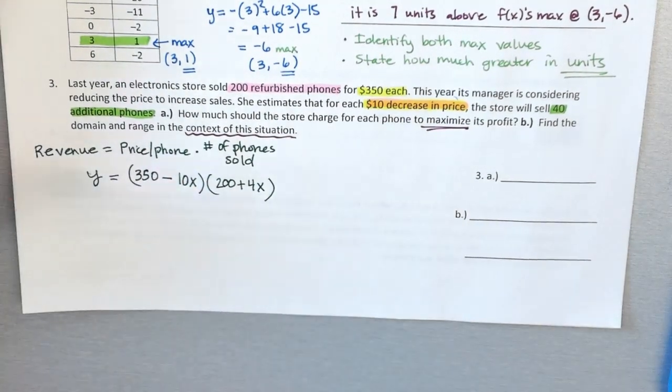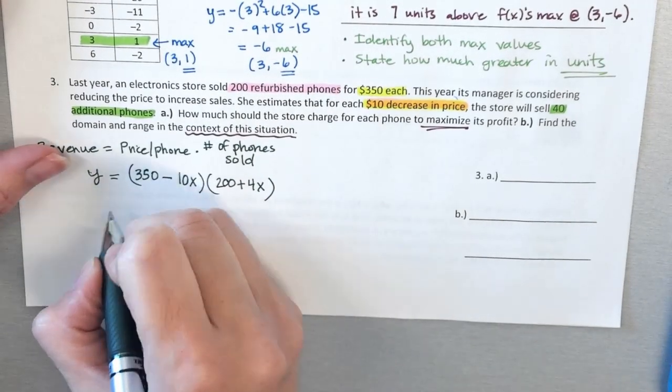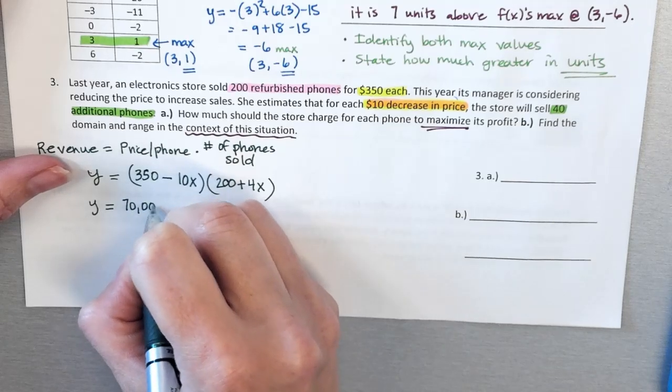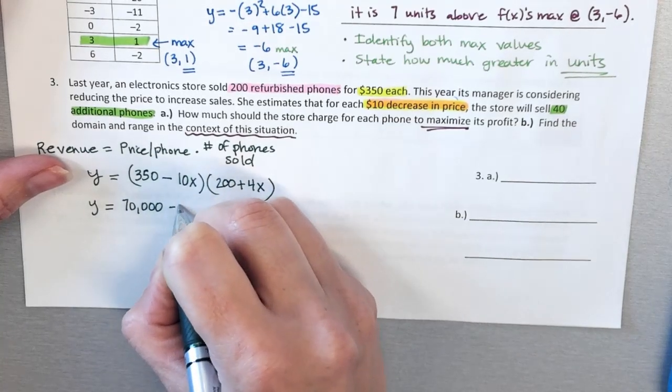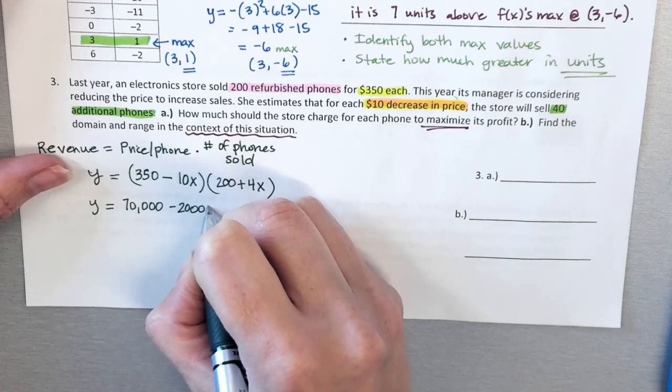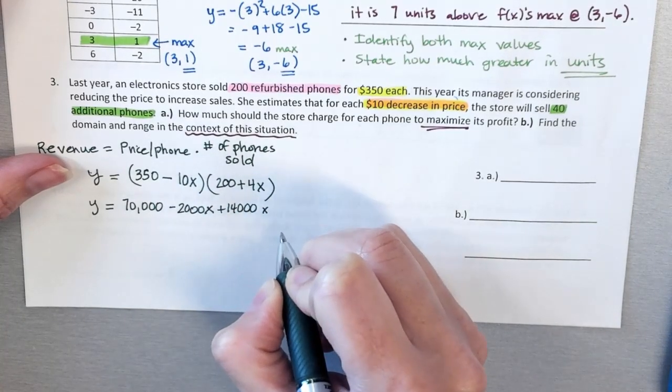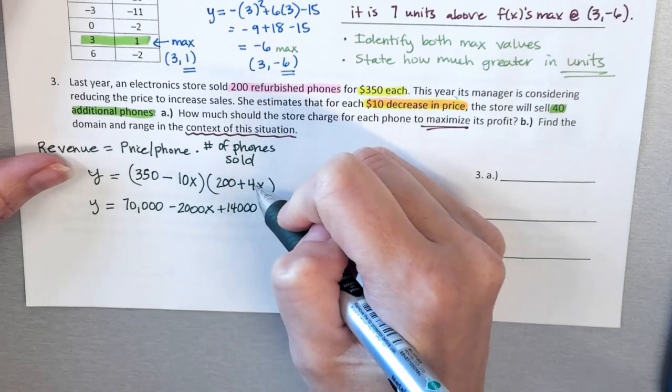So this is going to be your equation here. We're going to FOIL that out, and then we're going to put it in standard form. Okay, so I feel like you guys have been doing a really nice job with the FOIL. Oh, thank you.